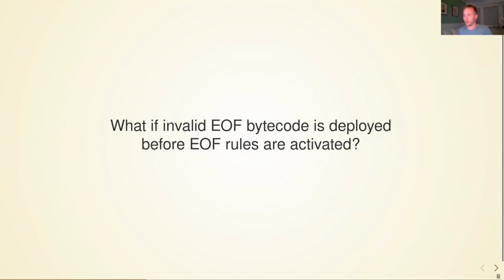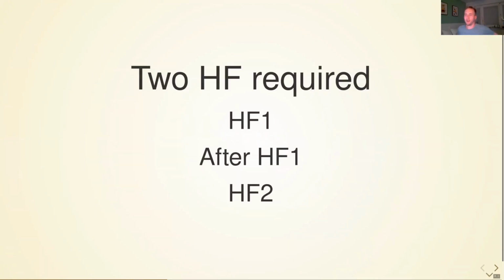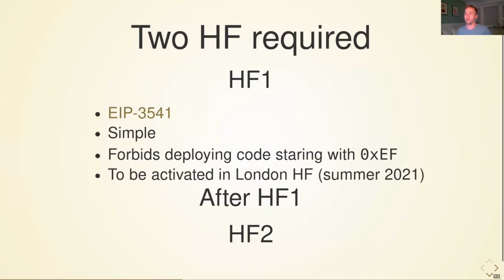Okay, so I will try to explain how we actually plan to deploy these. We'll have two hard forks, by which I mean EIPs included in different hard forks happening at different times. In the first hard fork, EIP-3541 is going to be deployed.